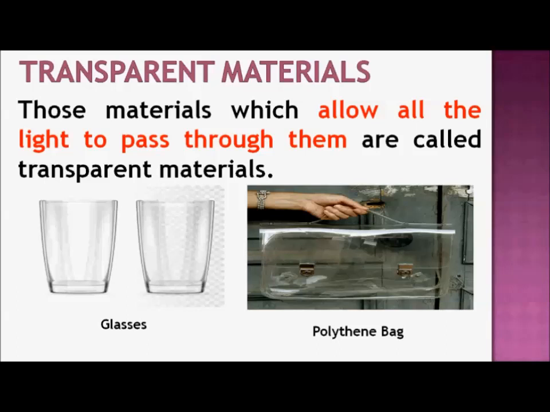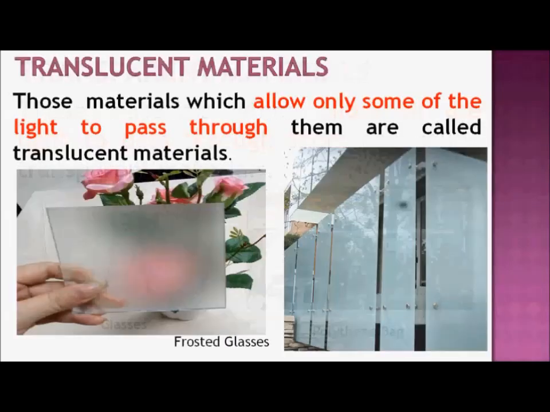Okay. Next, we will see what are translucent materials. Those materials which allow only some of the light to pass through them are called translucent materials. Here I have given one example.